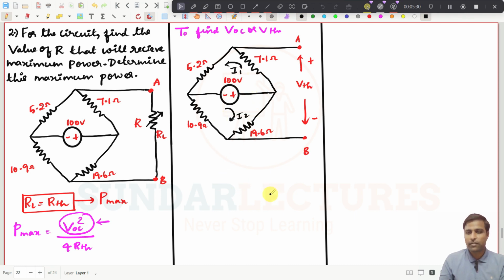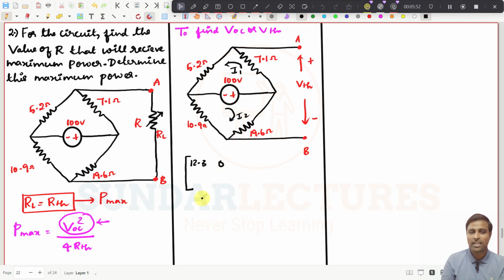If you are going for the mesh current analysis method, how many loops are available here? Only two loops. So for a two-loop problem, this will be R11. What is the R11? It will be 12.3. And what is R12?